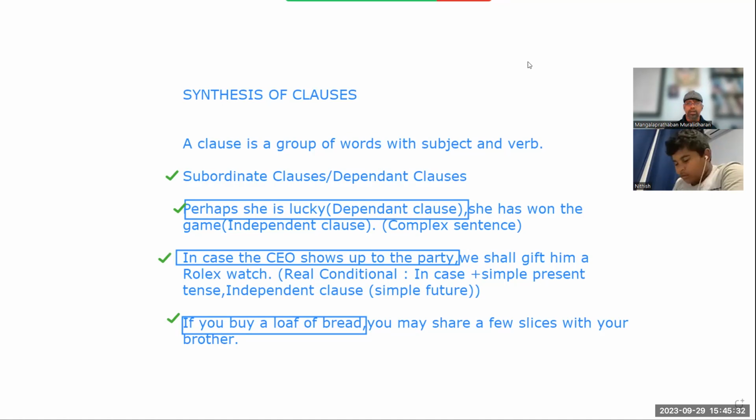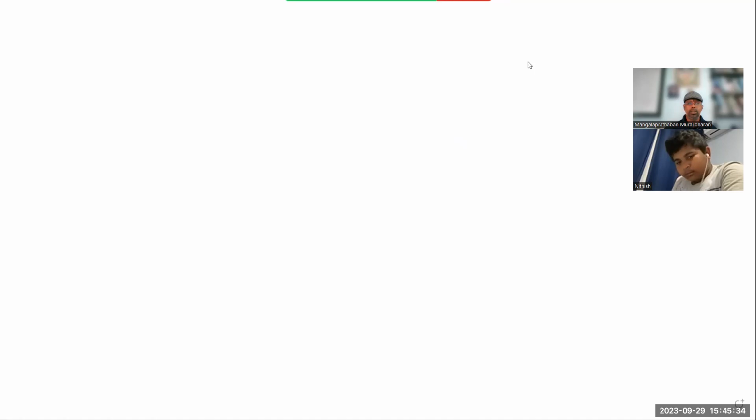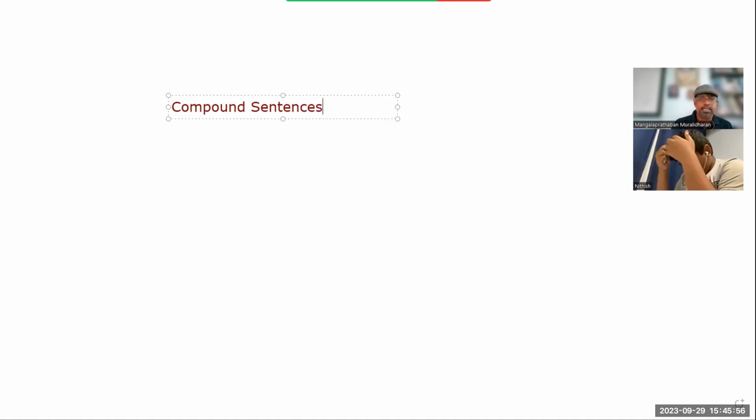Right, so I'm just going to the next one. Maybe I'll use a different color now. Okay, I'll use this color. Let's say compound. I'm going to use compound. What is a compound?